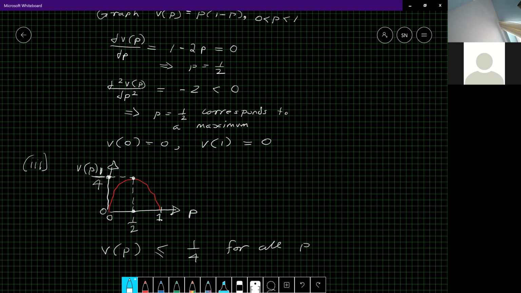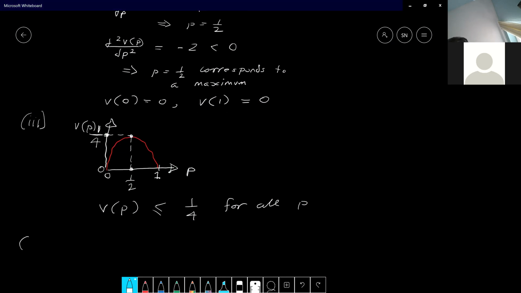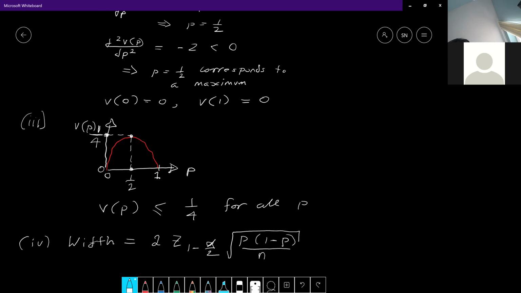Okay, guys. So now let's go back to the width. Remember, from part 1, we showed that the width of the confidence interval is equal to 2 times z 1 minus alpha by 2 times the square root of p times 1 minus p, the whole thing in square root, right?